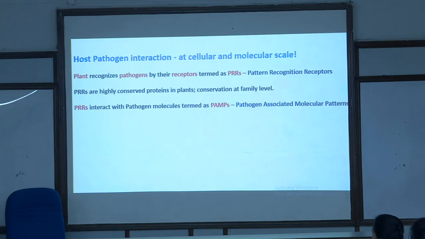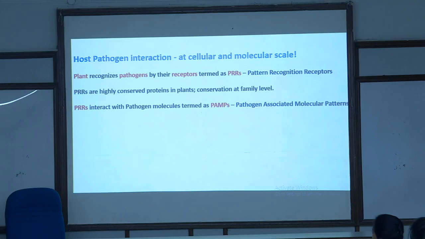What's happening here? When the microbe comes to the plant site, the PRRs are the first to really interact with the microbes, right? The question here is, what part of the microbe is interacting with the PRR? That's very, very important. That part is called PAMPs, right? It is pathogen-associated molecular patterns.